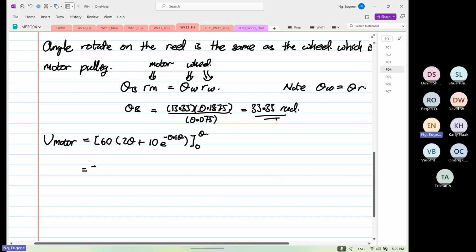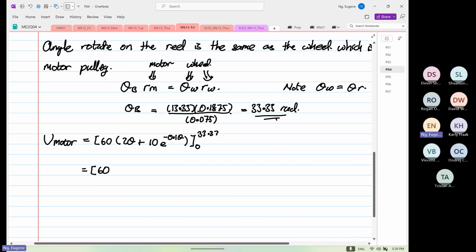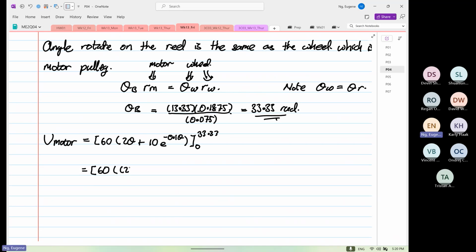So this will be equal to 60. So now we know theta is equal to what? 33 point what? 0.33. Okay. So this will be 2 multiplied by 33.33 plus 10 times (e to the power of minus 0.1 multiplied by 33.33, close bracket).